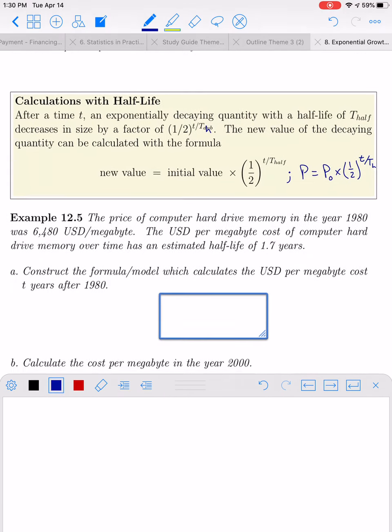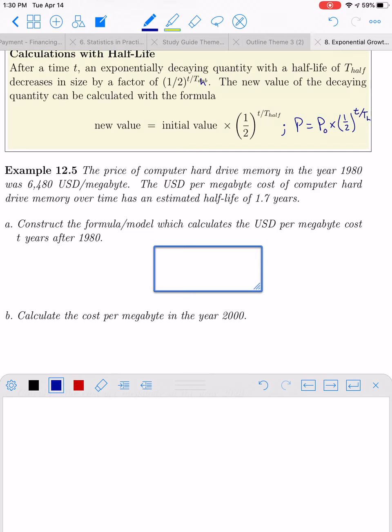Okay, so this example is price of computer hard drive memory per megabyte. So it's kind of a common scenario to go for the value of something in terms of exponential decay or possibly even growth. So it's pretty well known that computer equipment becomes cheaper and cheaper, and sort of an exponential decay rate.